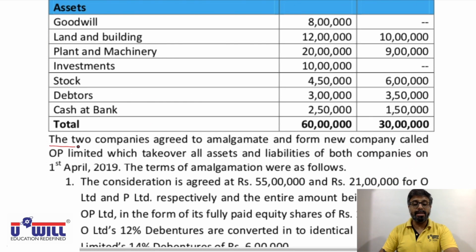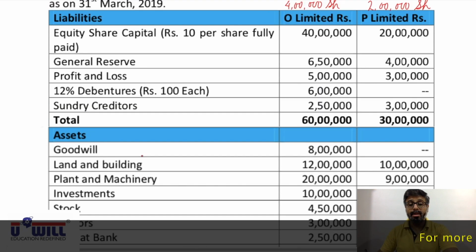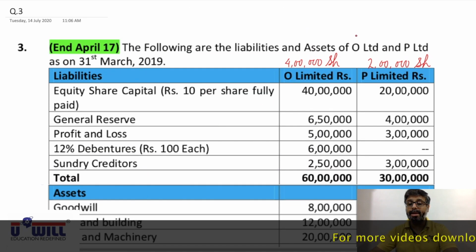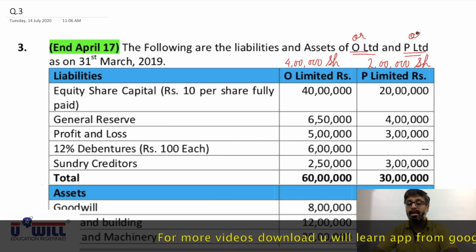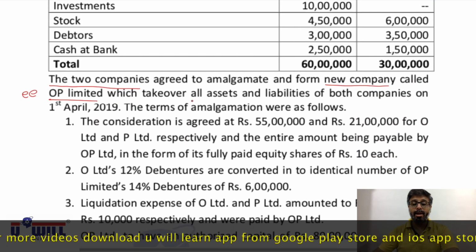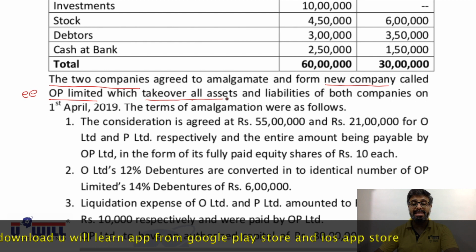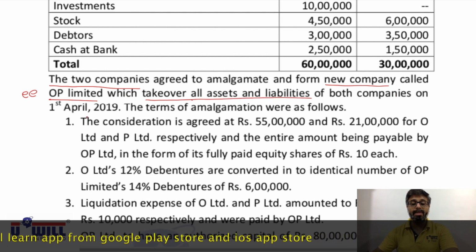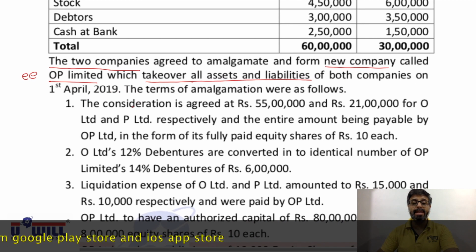The two companies agreed to amalgamate and form a new company called OP Limited. So the new company OP Limited, all of you mark it as transferee company, and the old companies O Limited and P Limited are transferer companies, which take over, underline, all assets and liabilities of both the companies on 1st April 2019.